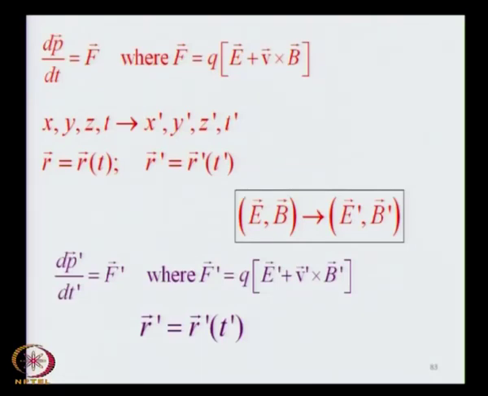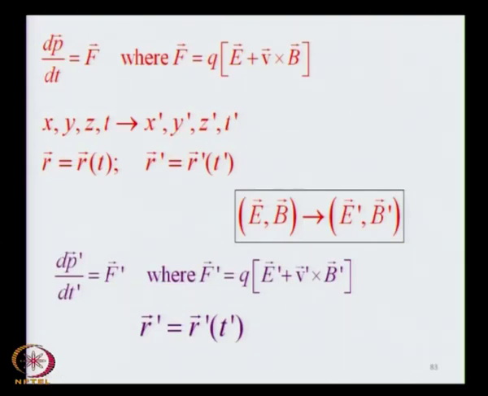The connection comes from the fact that what is E and B for the first observer is a different mix of E and B to the second observer, which is E prime and B prime, which is not the same. E prime is not equal to E and B prime is not equal to B. That is the essential idea.